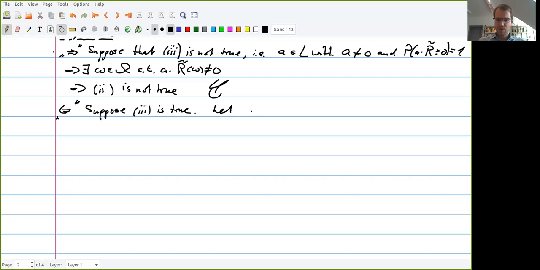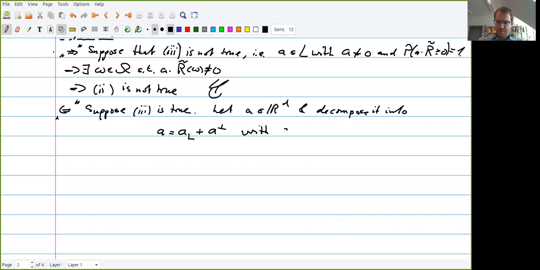If I take any vector A in R^d, we can decompose it into a part which is in L. So let's call this part A_L, and something which is in the orthogonal, right?